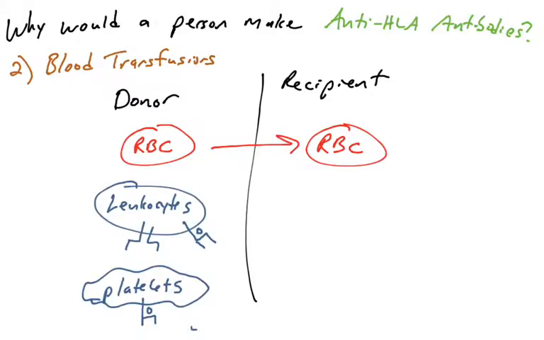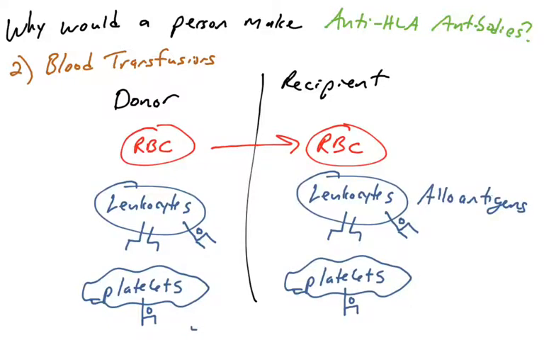What is an issue is that sometimes during blood transfusions, there are white blood cells or leukocytes in the blood, as well as platelets. Now, it turns out leukocytes, like dendritic cells, monocytes or macrophages, B cells, those have MHC class 1 and class 2 on their surface. Platelets, it turns out, also have MHC class 1 on their surface.